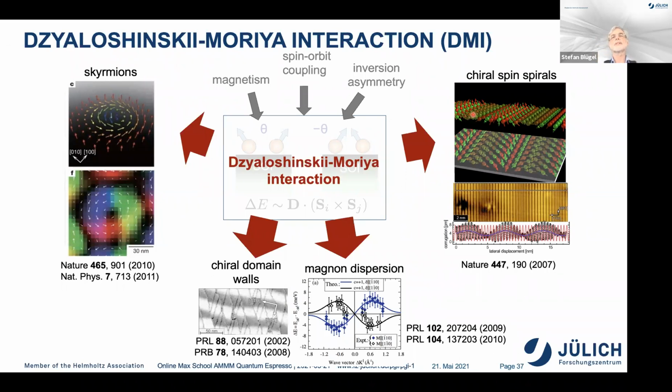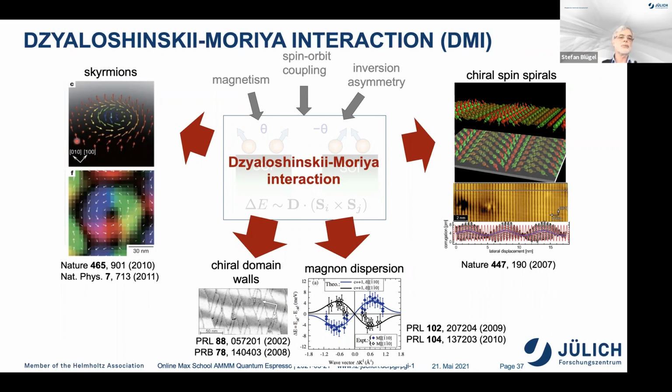In this case, for example, counterclockwise, whereas the mirror image, where the magnetization spirals clockwise, does not exist. And here's an experimental proof of this situation.